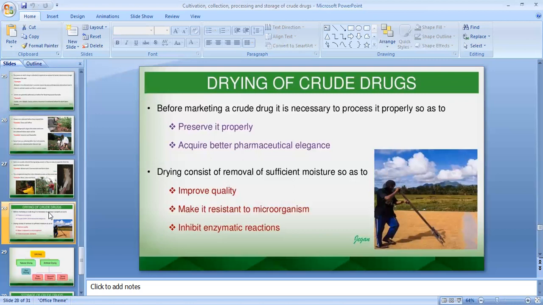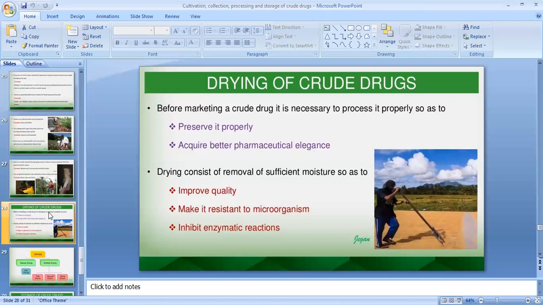Drying consists of removal of sufficient moisture so as to improve quality, make it resistant to microorganisms, and inhibit enzymatic reactions. Proper drying is a very important step.